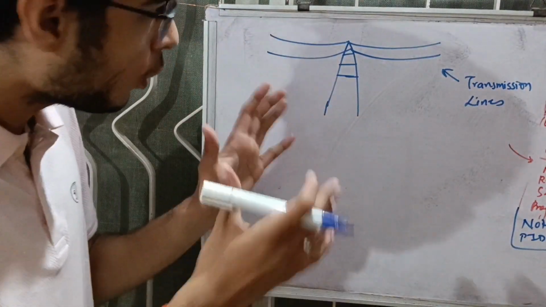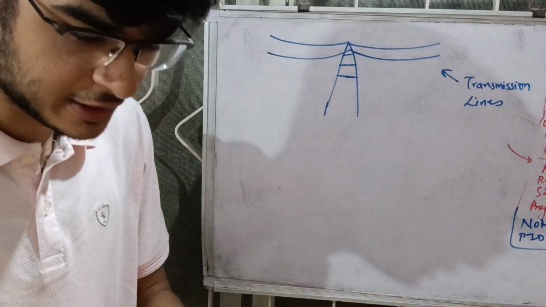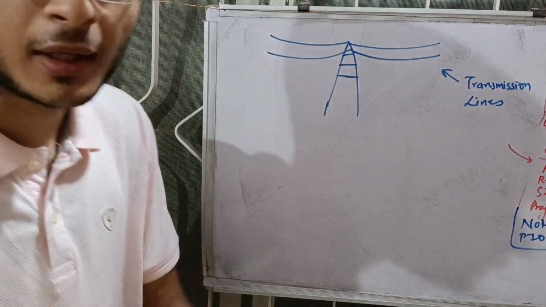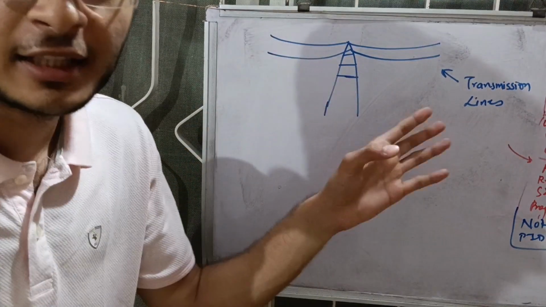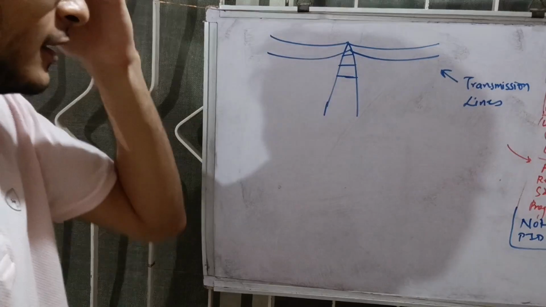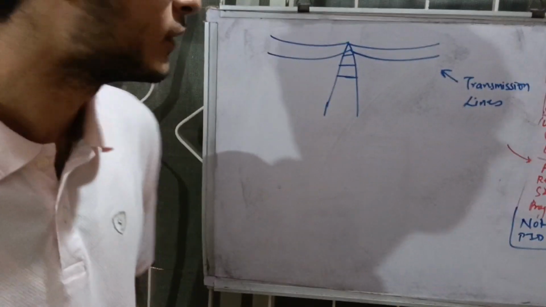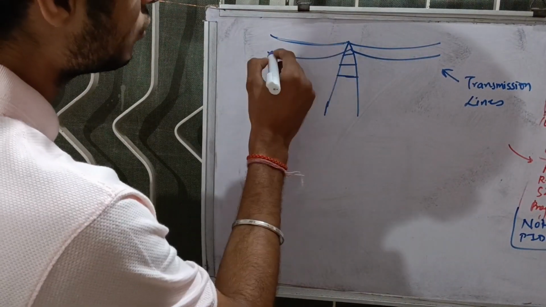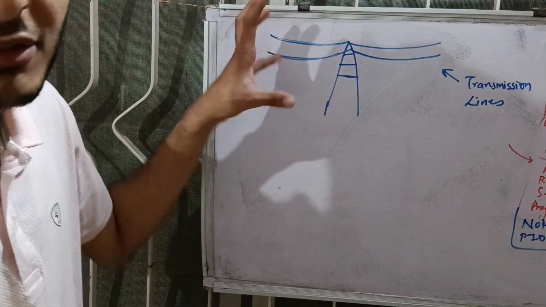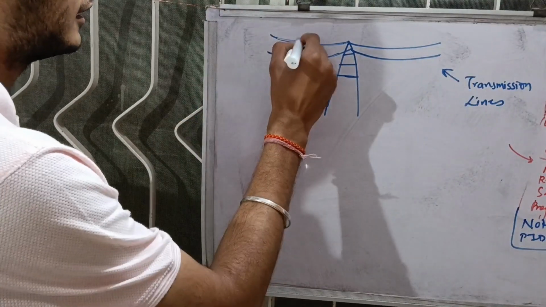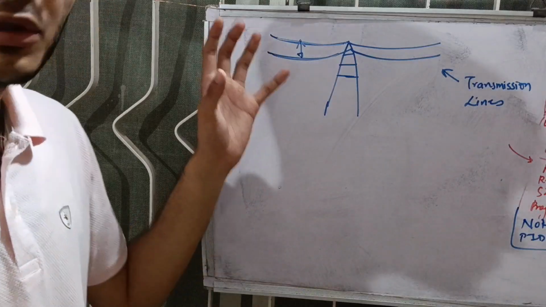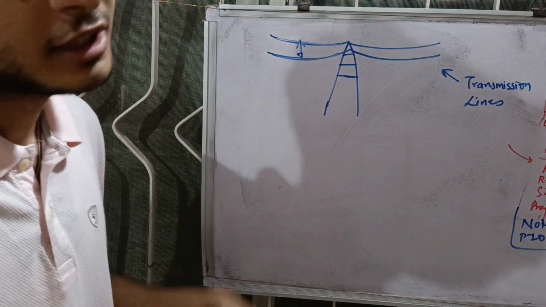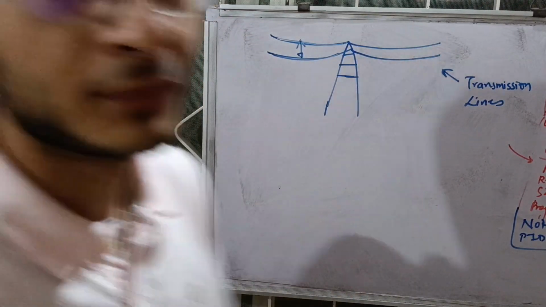These lines have qualities like inductance, capacitance and resistance, and there is also inductance and capacitance between the two lines. These factors will be considered when we derive the equations of these lines.